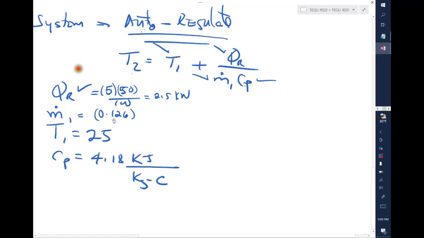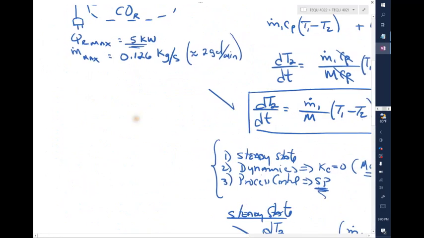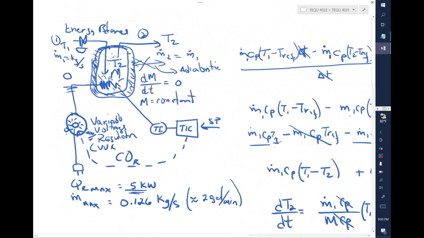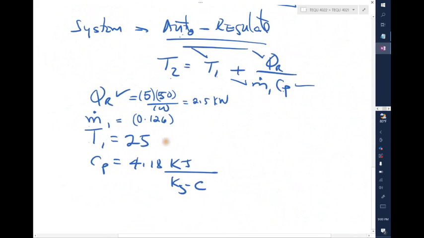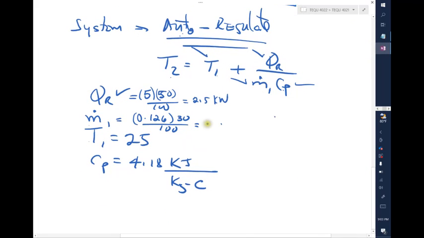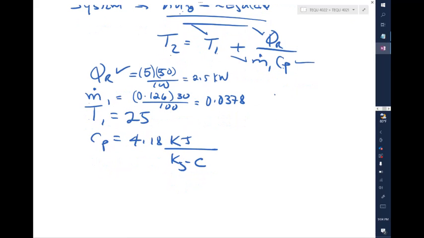Let's say we adjust the flow at the top of the vessel at 30%, meaning this valve is adjusted at 30%. So 0.126 times 30% divided by 100 equals 0.037. After that, I have everything that I need.